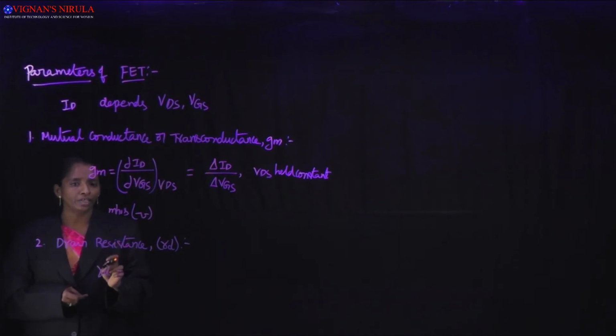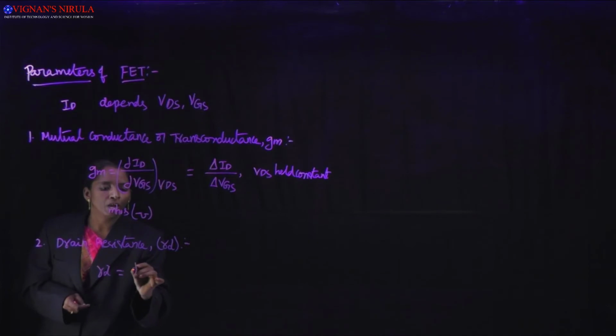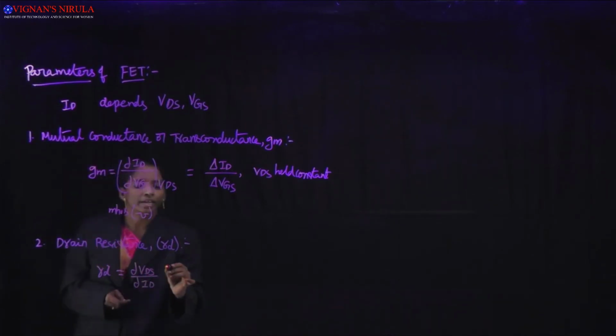We know the formula for resistance is voltage divided by current, so we are taking voltage and current at the output side only. So RD is the drain resistance. It is the ratio of small change in output voltage, that is VDS, divided by the corresponding small change in output current, represented with ID, at constant input voltage.